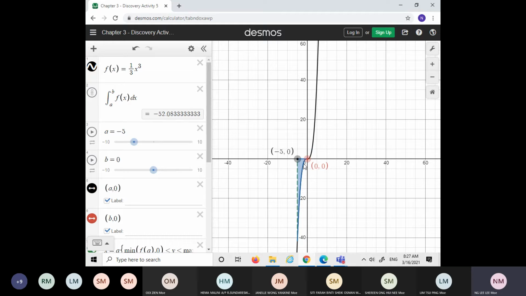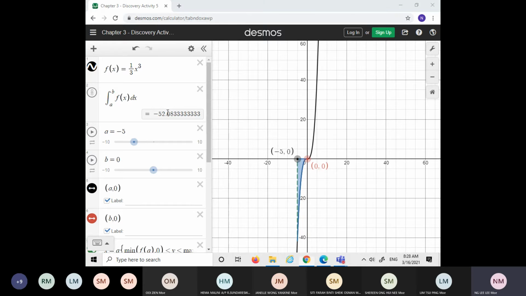Now you see the shaded area is below the x-axis, and the integral becomes negative. This is just a very simple activity to show you that if the region is above the x-axis, the integral that you get is positive. If the region is below the x-axis, the integral that you get is negative.